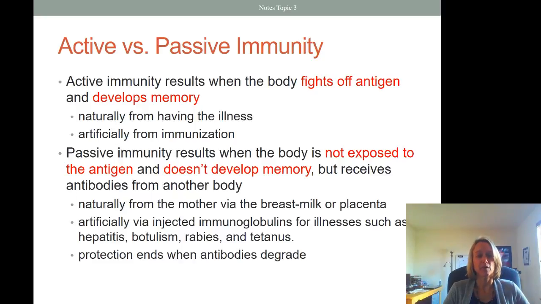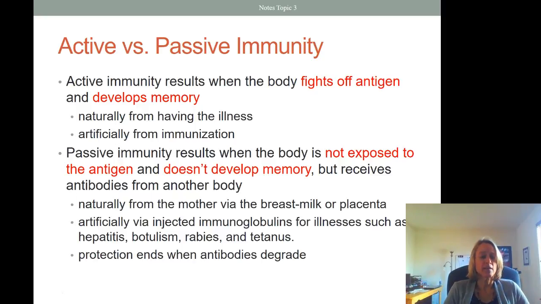Therefore, it doesn't develop memory, but it does receive protection by getting antibodies from another body. This can occur naturally from a mother to an infant via breast milk, or from a mother to a fetus via the placenta. It can also occur artificially by receiving injected antibodies for illnesses such as hepatitis or rabies or tetanus.